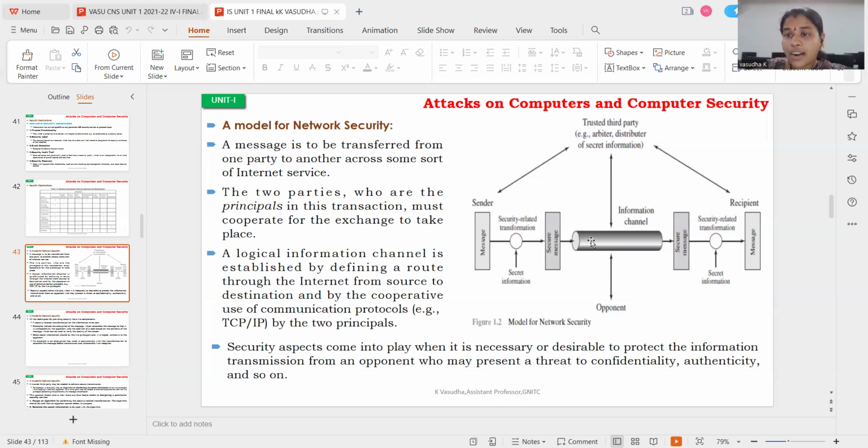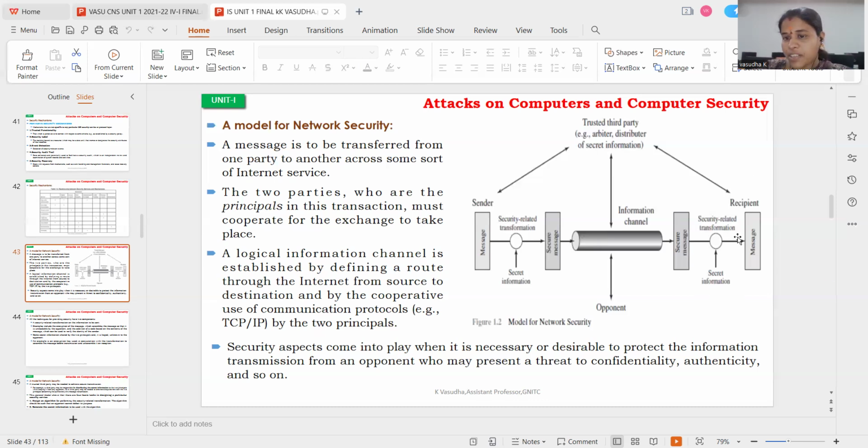Security attacks are caused when the sender sends the information through the internet or network. The third party will be available in the network, so they can get hold of the secret message, transform it, and use that information for their particular use.